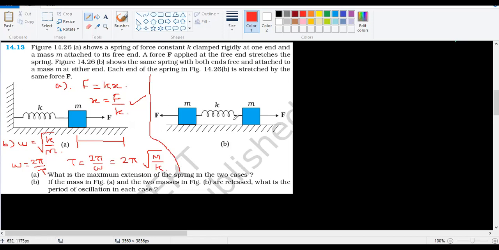This is where you will need some help. So instead of a rigid wall, we have two masses in either case. One way of doing this problem is, I can assume that this spring is fixed at the center. A bit confusing, so listen carefully.